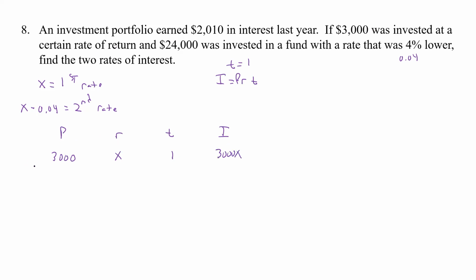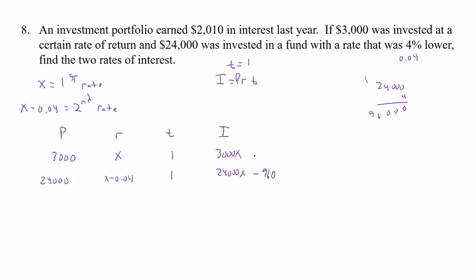Okay. Now this one said we invested 24,000, and it was X minus 0.04, and again 1. So we have 24,000 times X, so that's 24,000X minus, and now we have 24,000 times 0.04, that's 960.